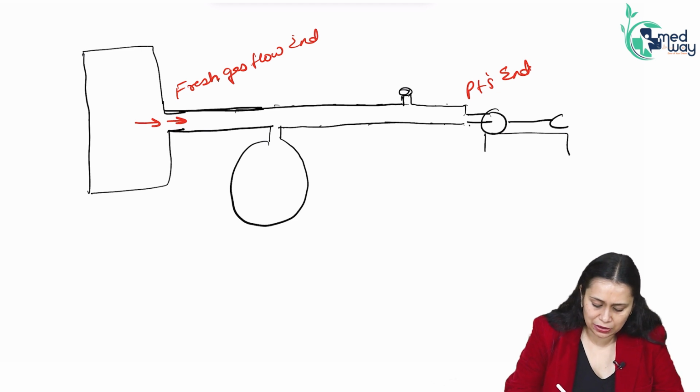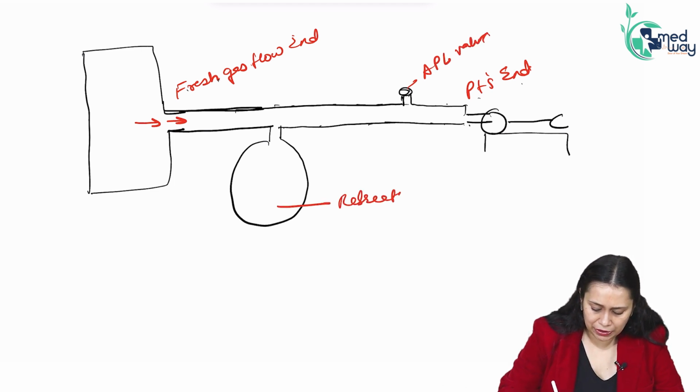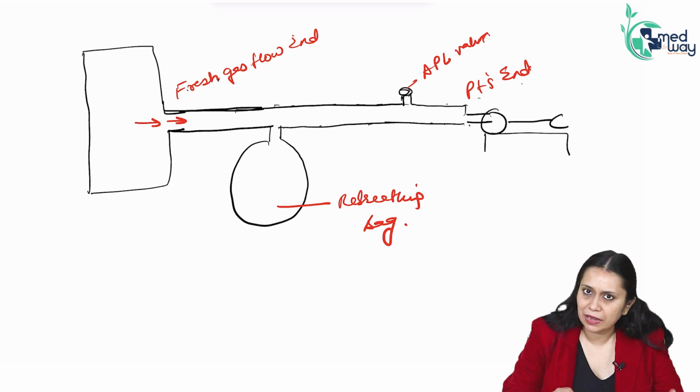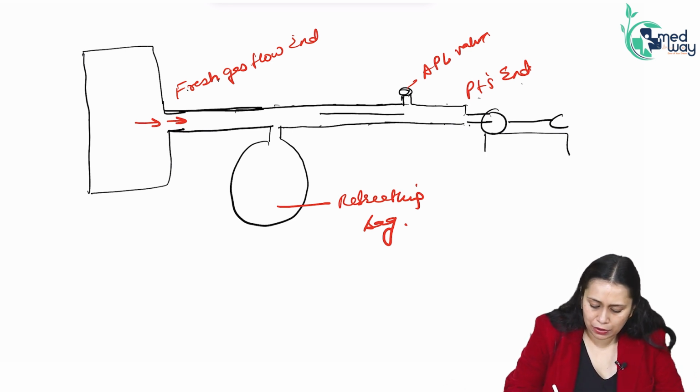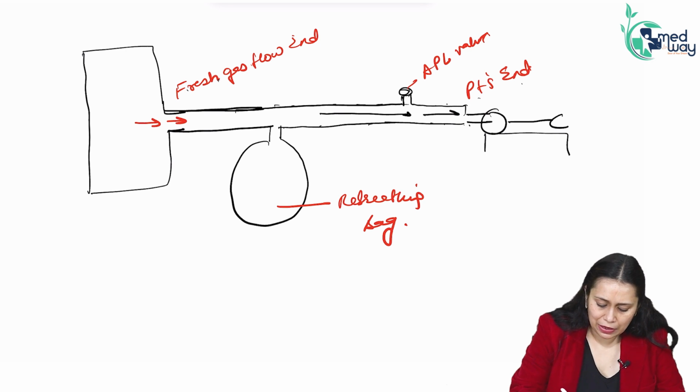So the semi-closed circuit has fixed parts. It has fresh gas flow end, patient's end, APL valve which we will talk about, a rebreathing bag, and inspiratory and expiratory tubing. In semi-closed circuit, it is the same tube which is used for bringing the inspiratory gases and for removing the expiratory gases.